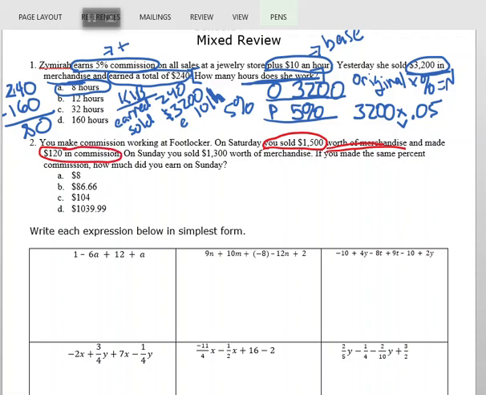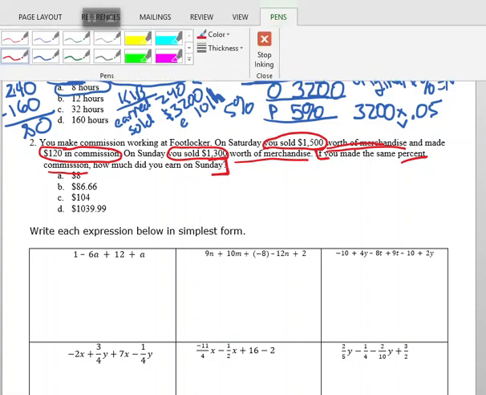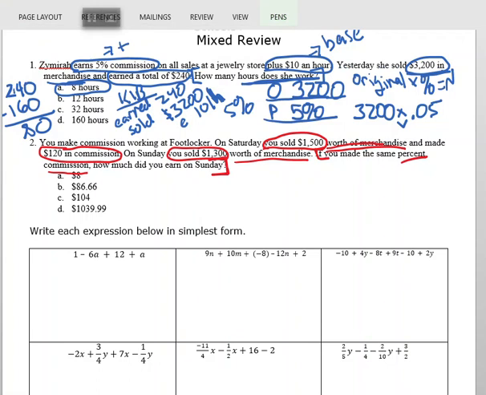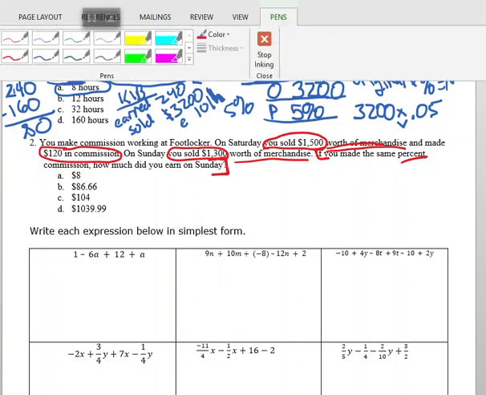On Sunday, you sold $1,300 worth of merchandise. If you made the same percent commission, how much did you make on Sunday? Okay, looks like I crossed out one of my answer choices, so I did not mean to do that.